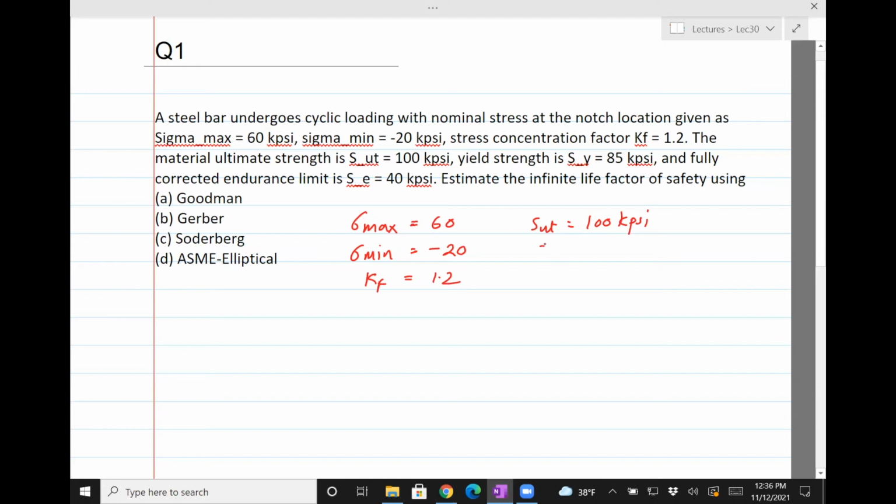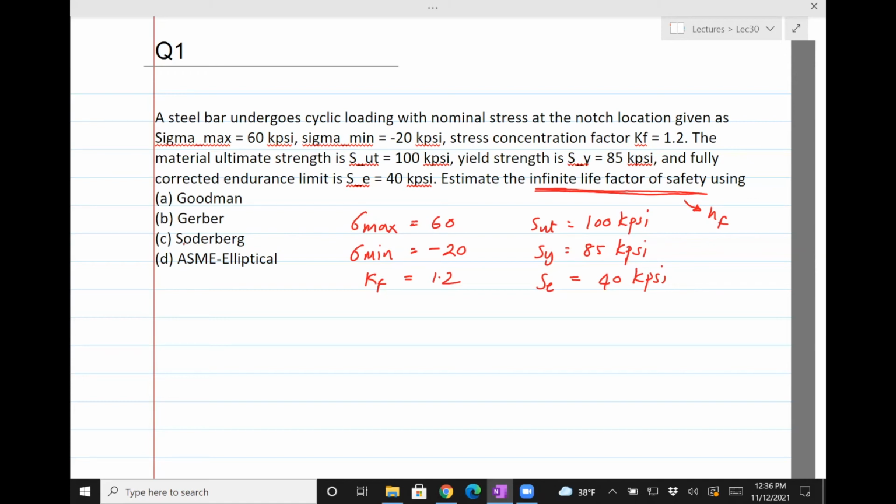Yield strength is 85 kpsi and fully corrected Se. So this is not Se prime, but Se. It accounts for all the imperfections. Then estimate the infinite life factor of safety, which is essentially saying find nf using the Goodman line, Gerber line, Soderberg line, and ASME-Elliptic line.